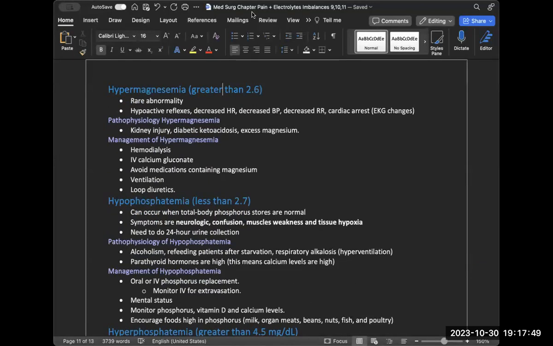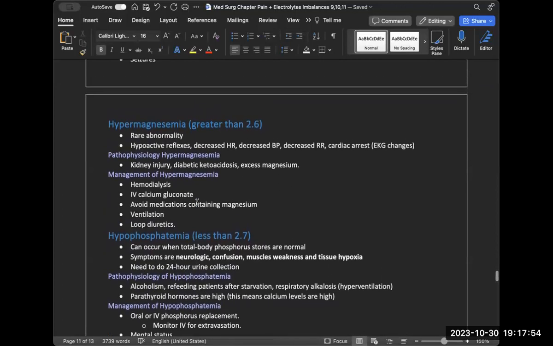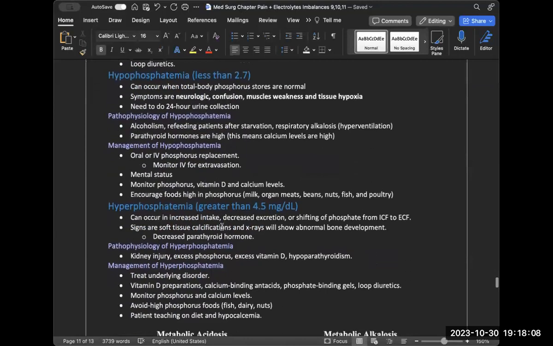Nothing different. But the management with the magnesium issue is treating the magnesium. So am I going to give some magnesium or am I going to reduce? Always with hyper things, we're going to reduce those levels of electrolytes. But if they're low, we want to give them that electrolyte.